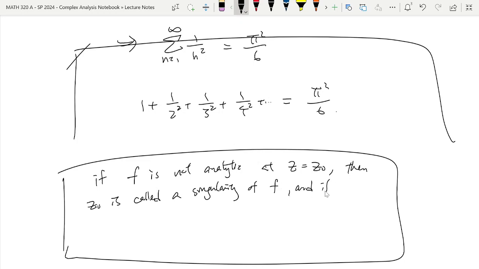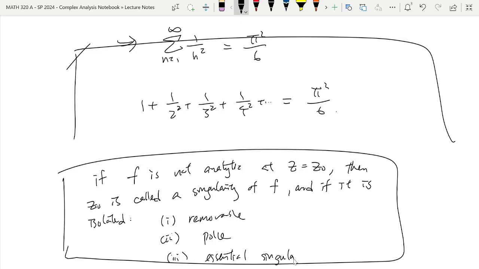And if it is isolated, meaning that the distance from this singularity to the next singularity is not 0, then you have 3 cases. The first case is removable, the second case is a pole, and the third case is essential singularity.